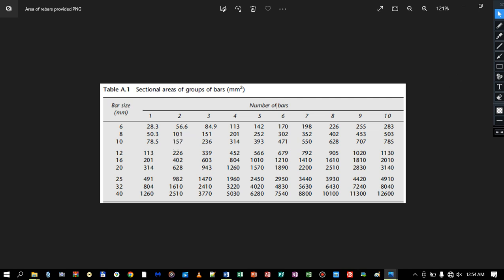Okay, so we can provide this area, 157, which corresponds with two bars of 10 mm dia.